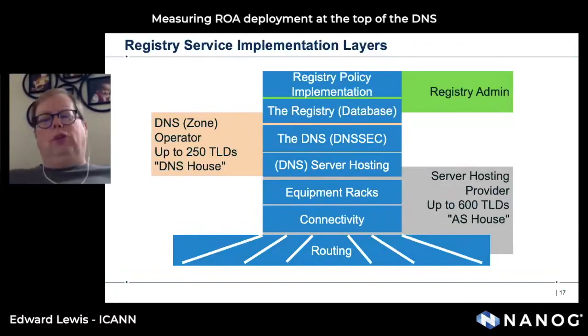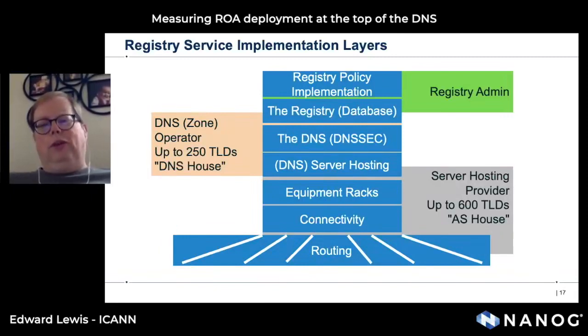People who run servers for other people, and there are up to 600 TLDs in one of these, what I call AS houses. AS house might be the wrong name, but it's basically a collection of the autonomous system origins that seem to share DNS servers in them. Now it's kind of surprising that the largest one of these is much bigger than the largest DNS operator out there, because there's some commingling, some sharing of these services.